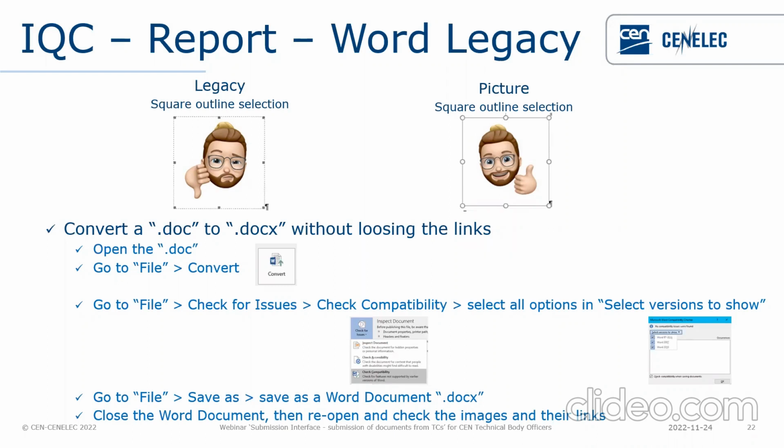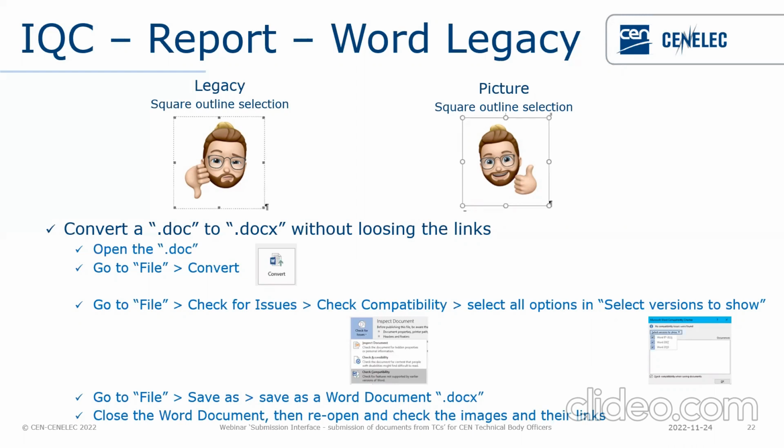You may have as well in your TC old documents in doc that would need to be transformed into docx, because doc is not supported anymore. To do so, you can open your doc document, and from File, you can convert it. Once you've clicked on convert, you have the option to check for issues and compatibility.